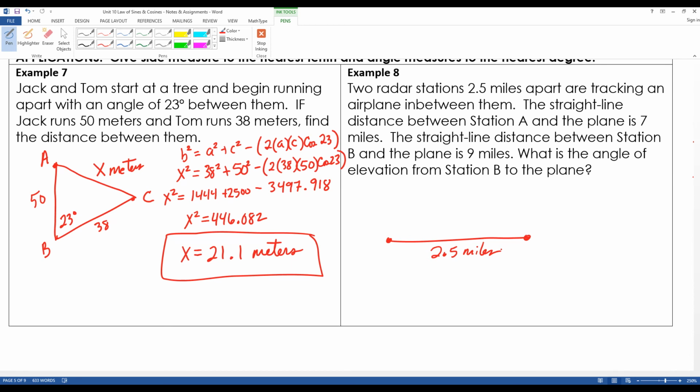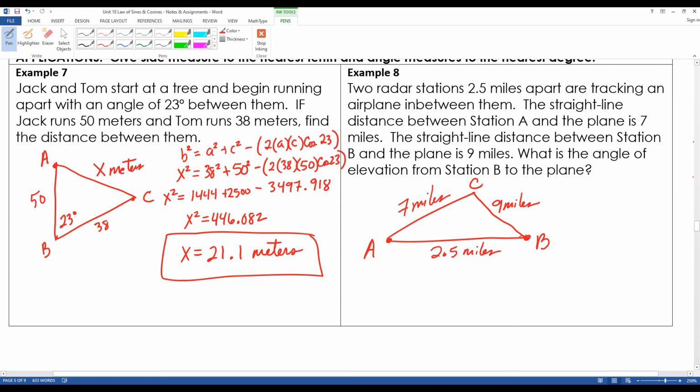The straight line distance between station A is 7 miles, and station B, straight line distance is 9 miles. So I maybe drew that off a little, but oh well, we'll just use the numbers. And so this will be C, I guess.